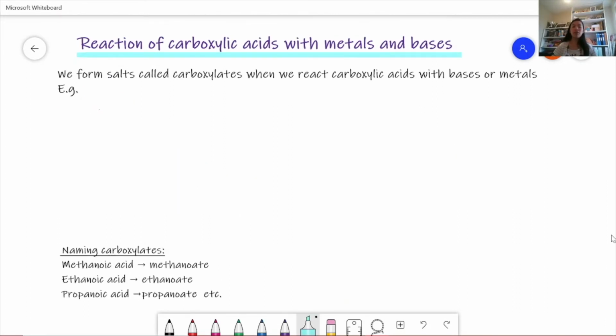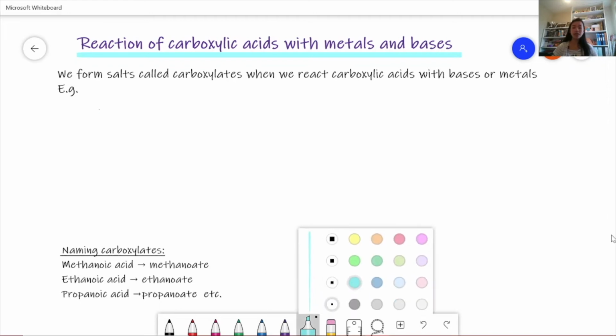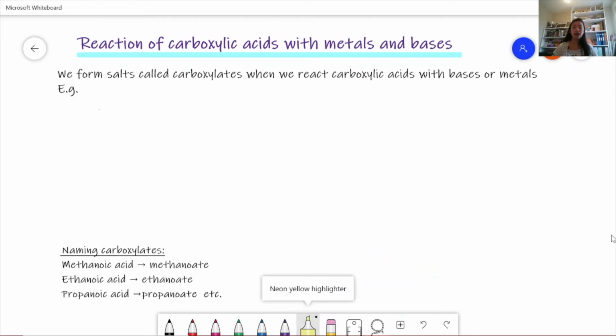So now we're going to look more in detail at reactions of carboxylic acids with metals and bases. And so we form salts, which we call carboxylates, when we react carboxylic acids with bases or metals. So for example, sodium will react with a carboxylic acid.